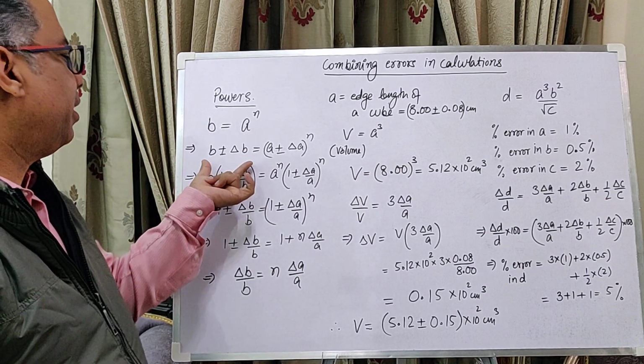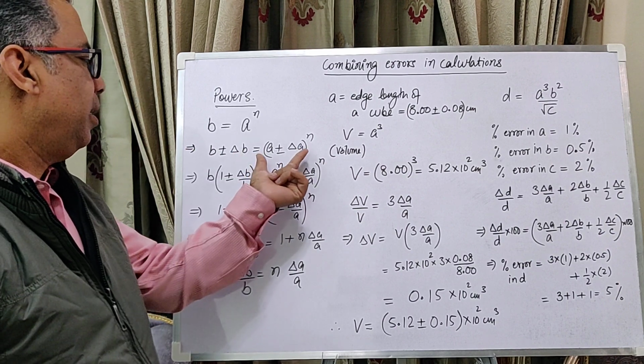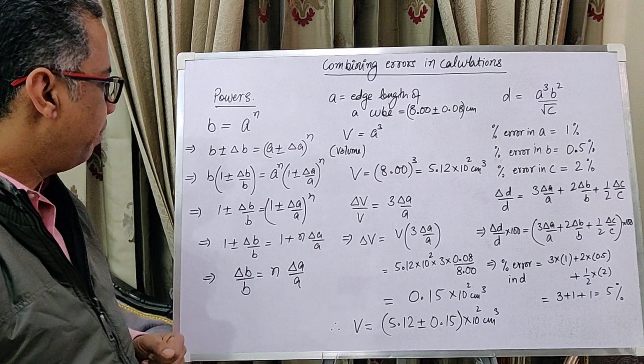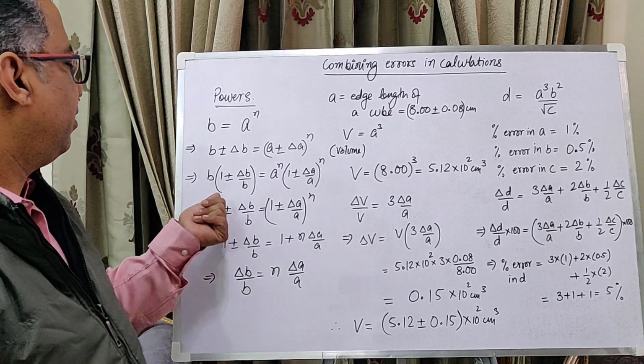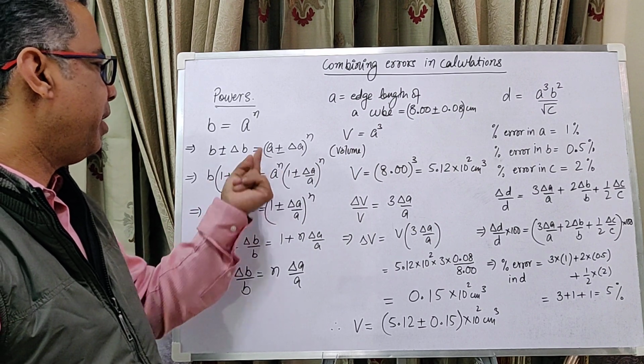So moving on from here, B plus minus delta B, the error in B, equals (A plus minus delta A) to the power n, where delta A is the error in A. On both sides, we take B common here and we take A common here.